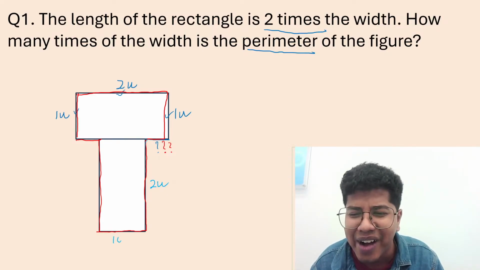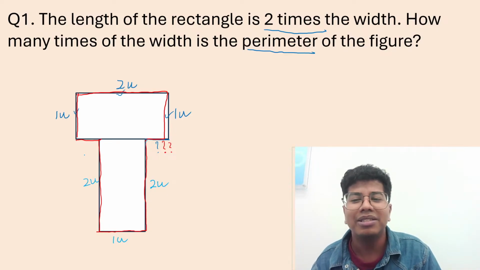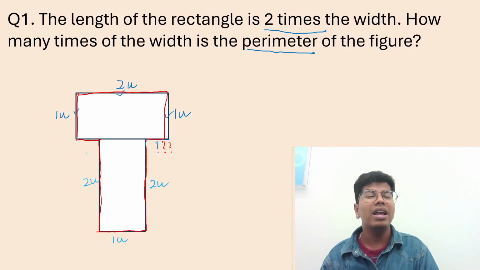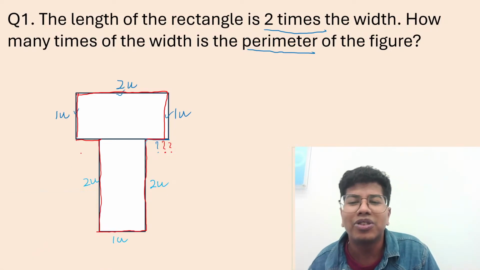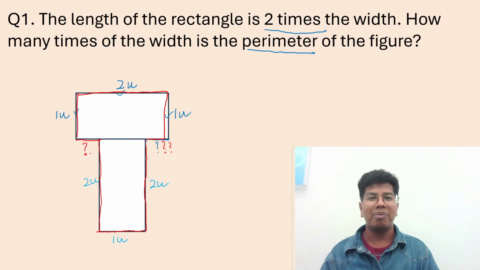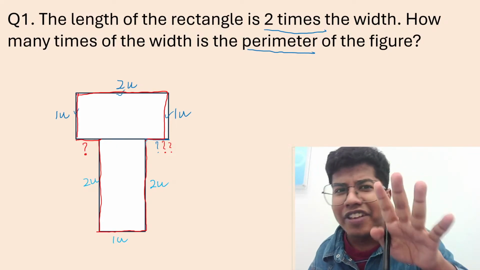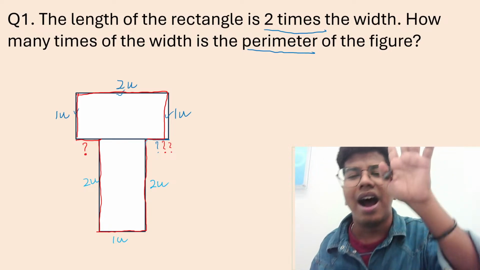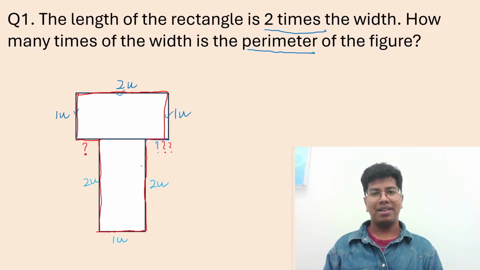So I can write down 1 unit. Now again comes the length that we know that is 2 units. But again, this smaller part, do we know what is the value here? Of course not. So let me highlight it with a question mark. So regarding the perimeter, I can find out every single value, but the two question marks here are missing.